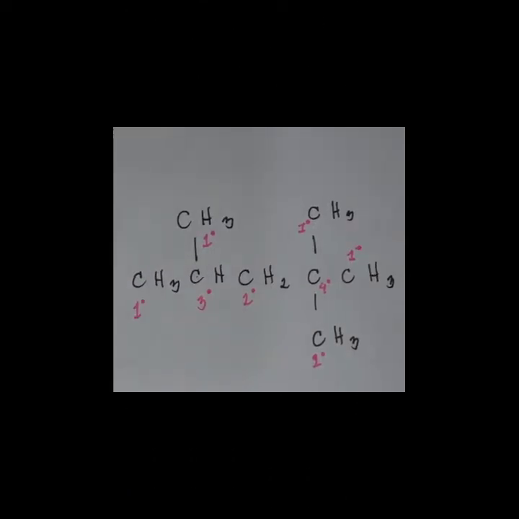For letter C, which has CH3 bonded only to CH, this carbon atom is a primary carbon. CH is bonded to CH2 and CH3, also to CH3, so this carbon is a tertiary carbon because it is bonded to 3 carbons.